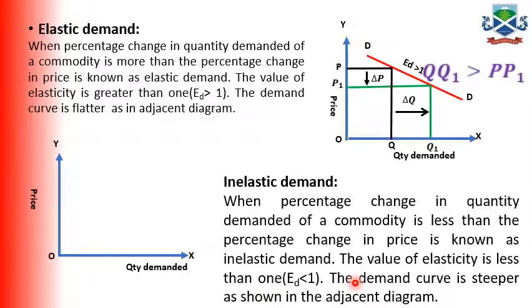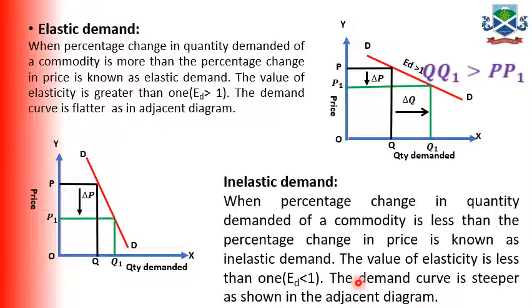Now look over here, this is the steeper demand curve. If I take the original price as OP and original quantity as OQ, and then the price is decreased to OP1, your quantity demanded is OQ1, but then the price change is higher.